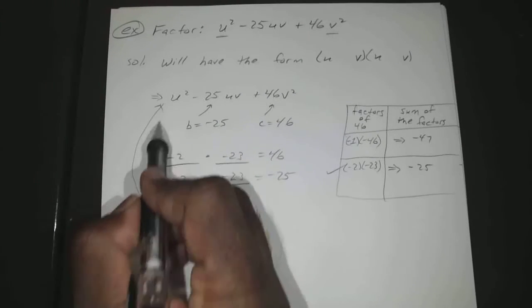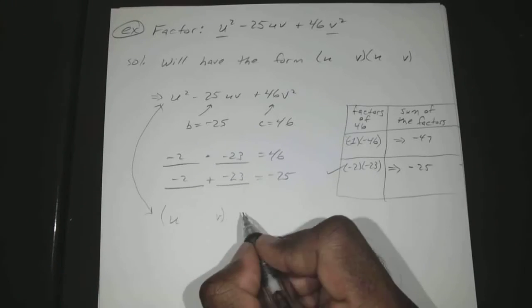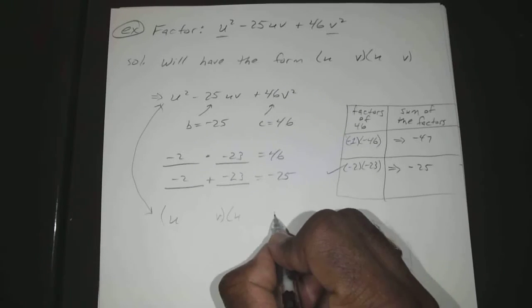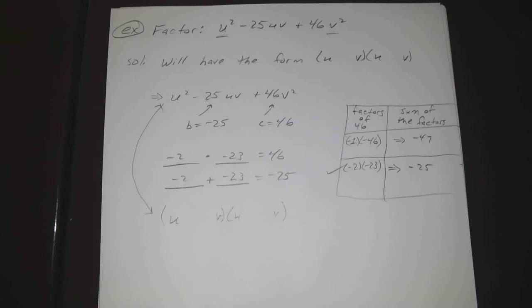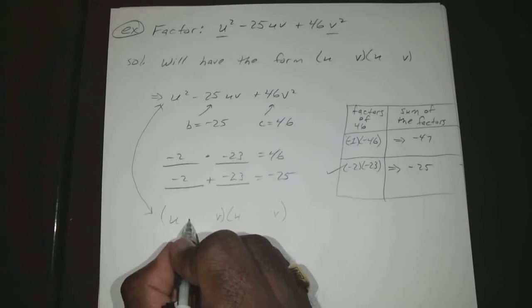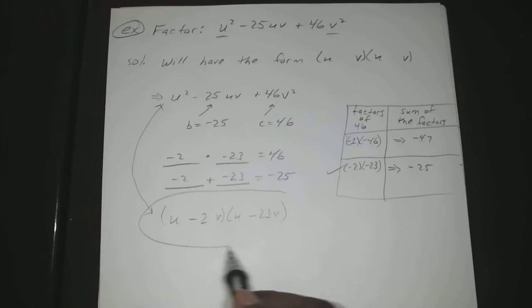Remember, it's going to be in the form of (u, v) and (u, v). We just know it's going to be minus 2v and minus 23v. Okay, so any questions on that one? No, all right.